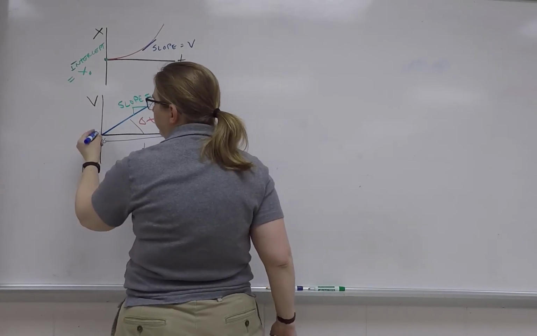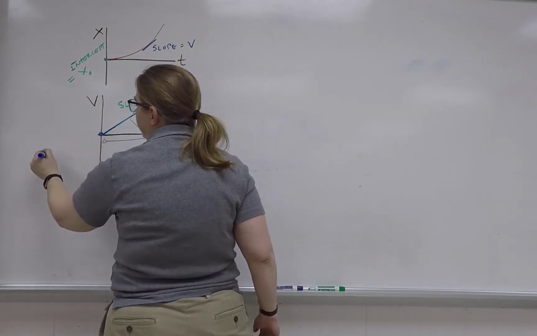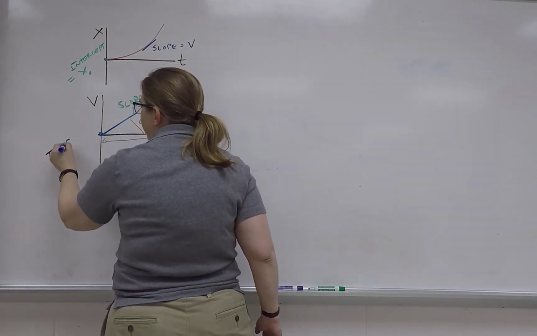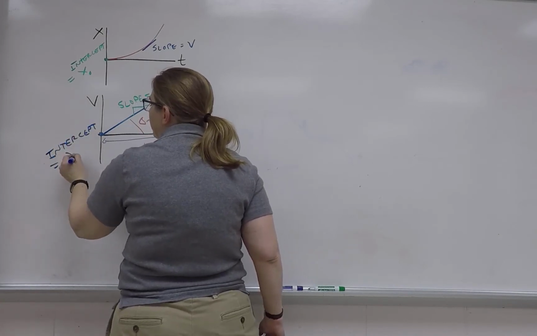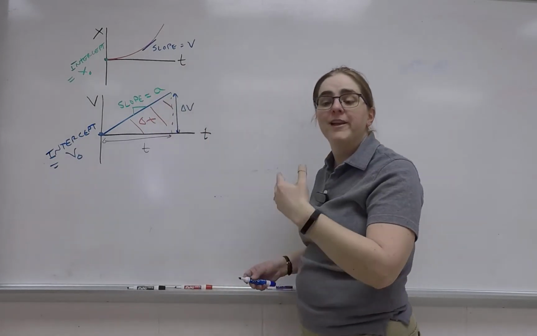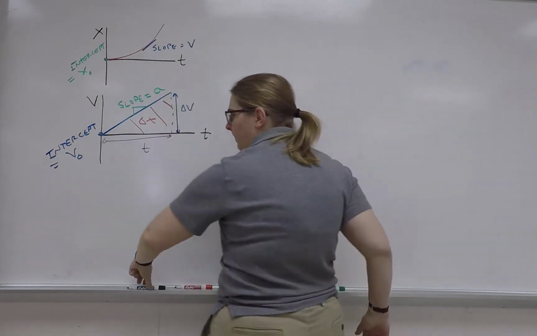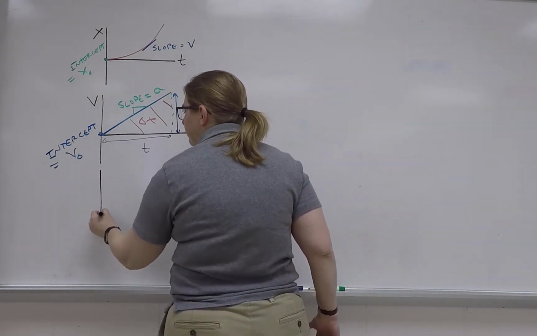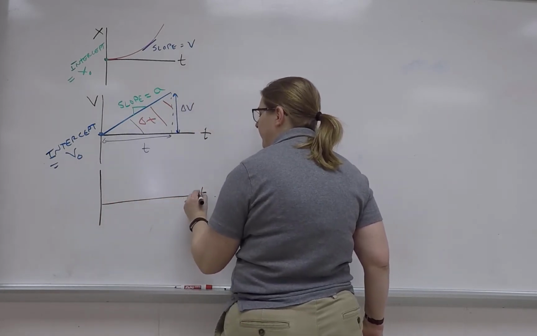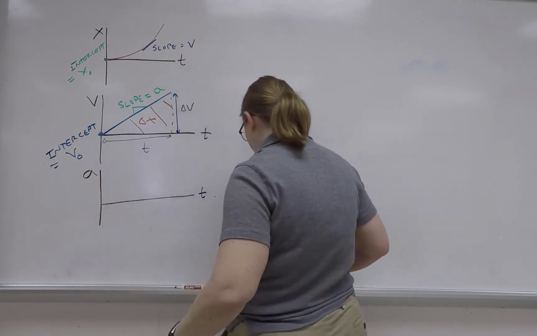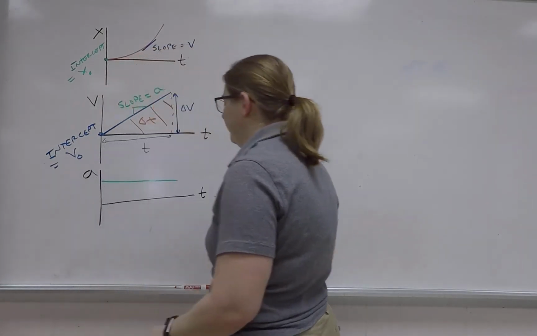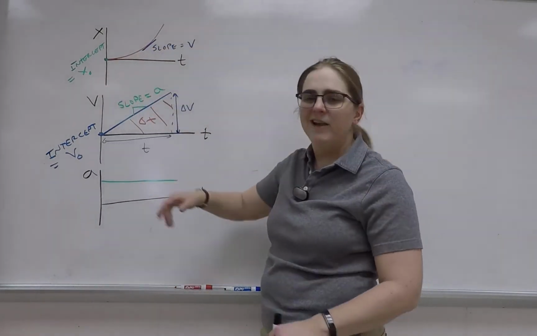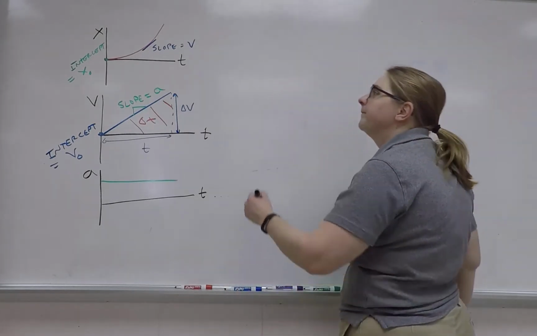And then, really similar to the position time graphs, the intercept equals the velocity at the time of 0, or the initial velocity. And then we did earlier this year just a little bit with acceleration time graphs, where the acceleration is the slope of the velocity graph. So that should be a horizontal line. I just got a little bit sloppy.